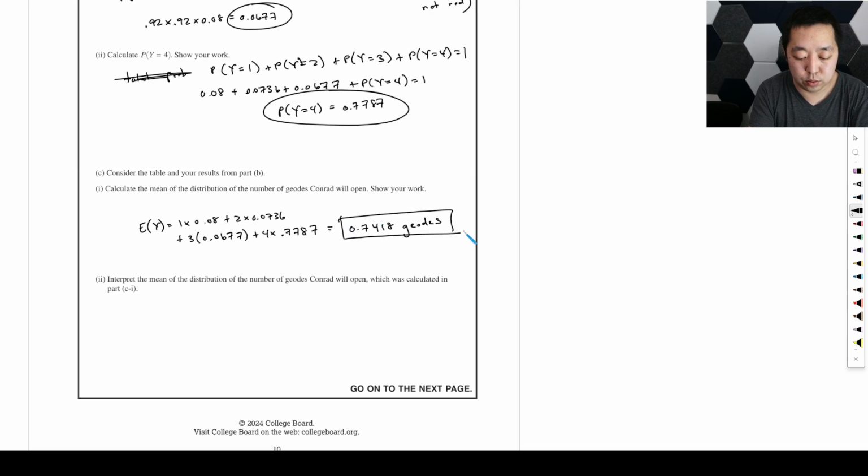Okay, so that doesn't look right. Oh, oops. Yep, no. It's got to be close to 4. I made a typo in my calculator real quick. I should have just shown it on the calculator so you guys can see it.